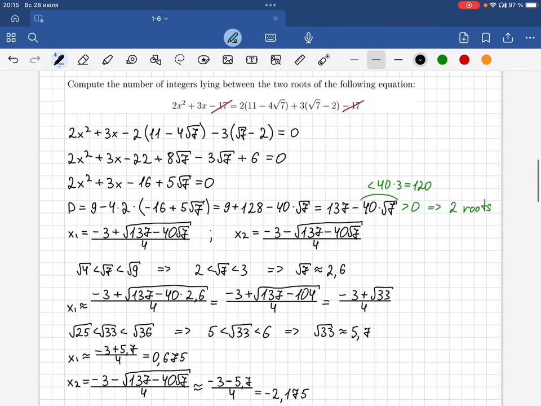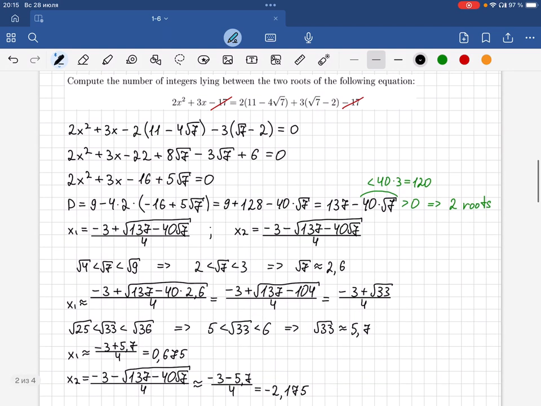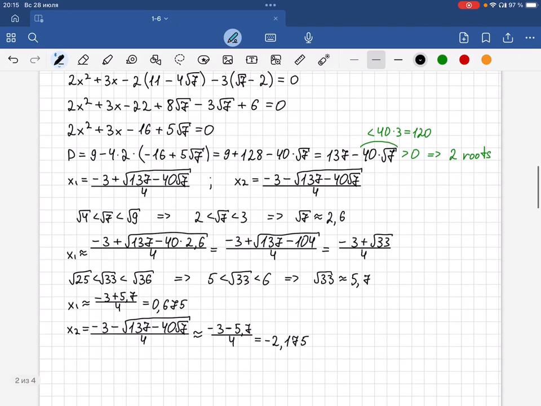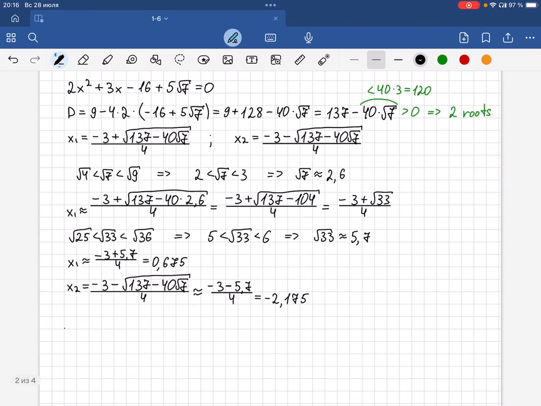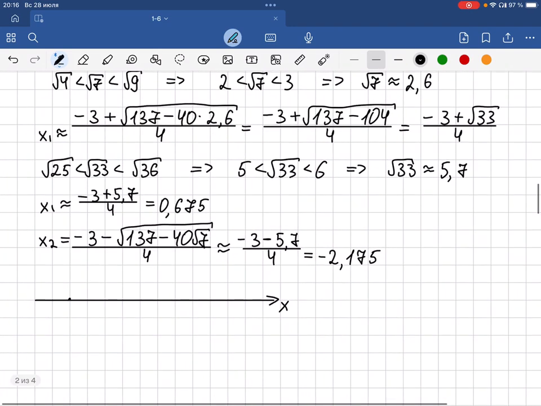So what is the question of the problem? We are supposed to compute the number of integers lying between the two roots. Okay, so let's draw it on a line. We have our first root somewhere here, which is 0.675. Our second root is somewhere here, minus 2.175.